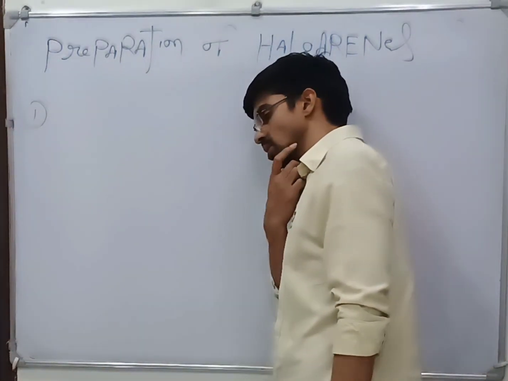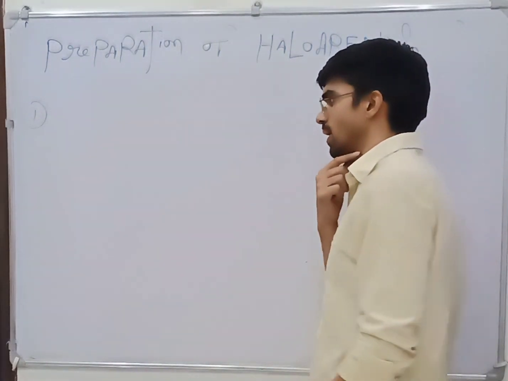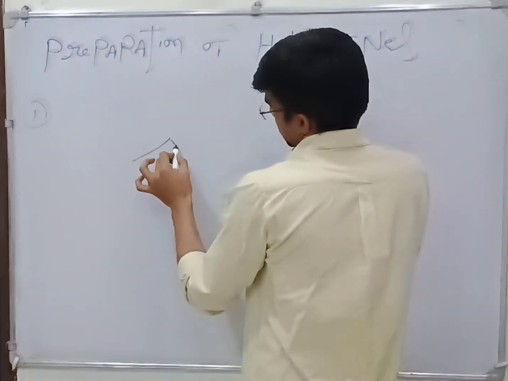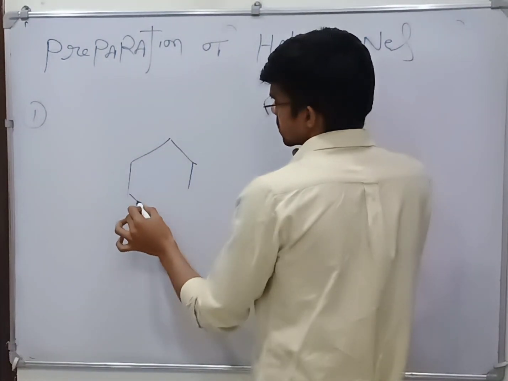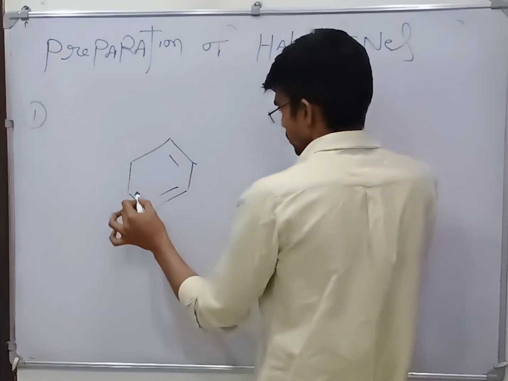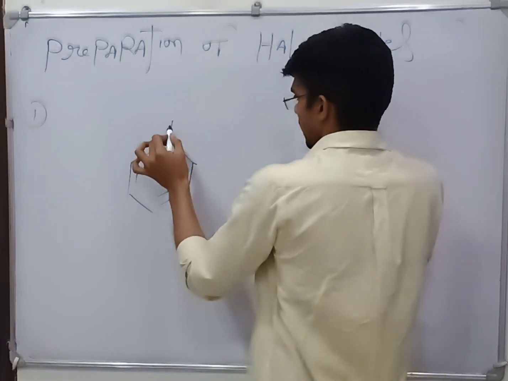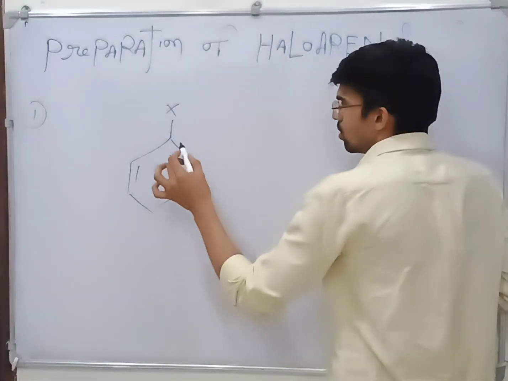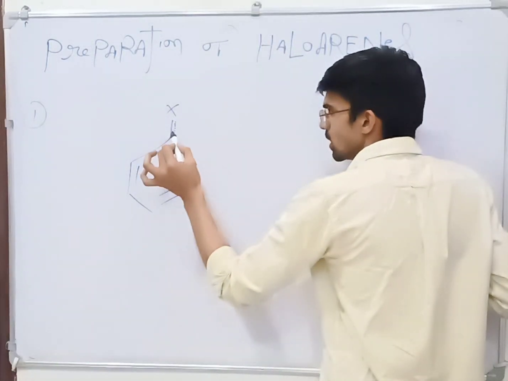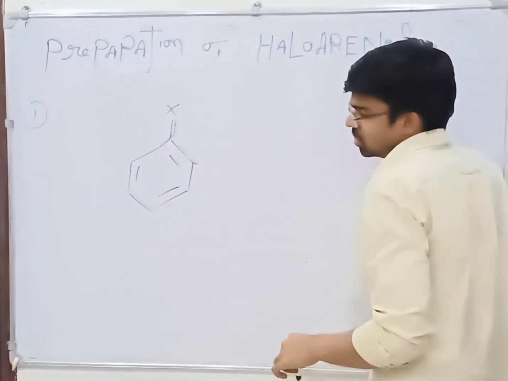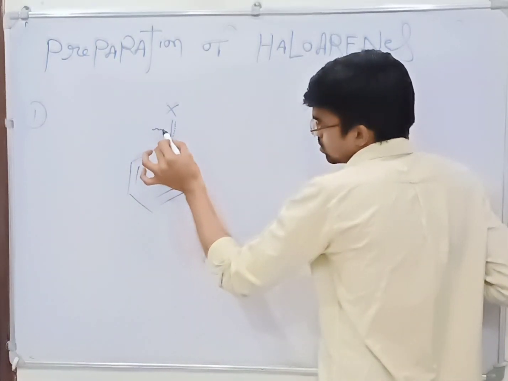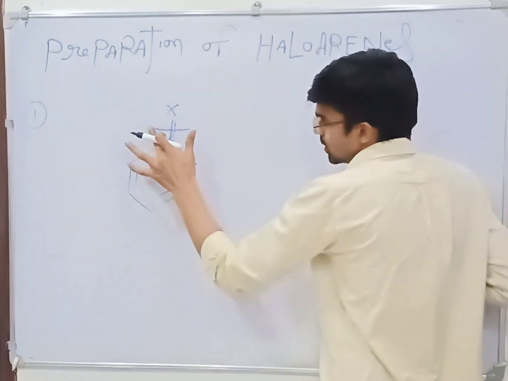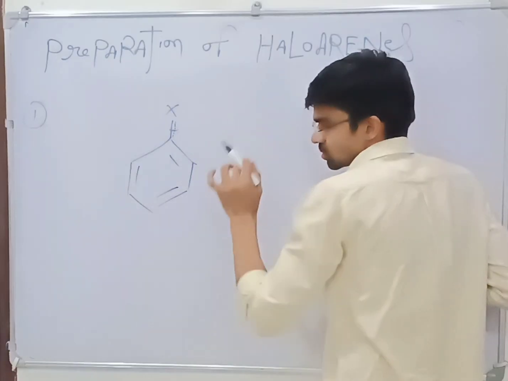Okay, before starting this, one thing you have to remember is that haloarenes cannot give the nucleophilic substitution reaction, because as you know, in haloarenes there is a partially double bond character between the halogen and the benzene ring, so it is a stable compound.